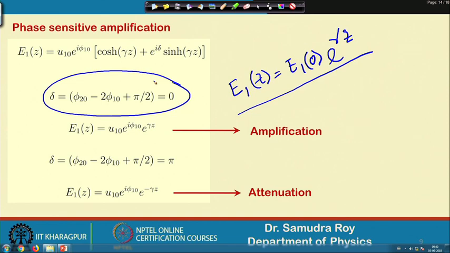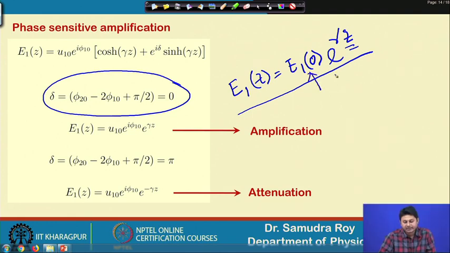We will see that because of this kind of phase relation, we have an amplification. So, if z is increased, then E1 z is going to increase. So, we will have the amplification of the total field E1. Whatever value we have at the input, it is going to amplify. That means subharmonic is going to be generated.